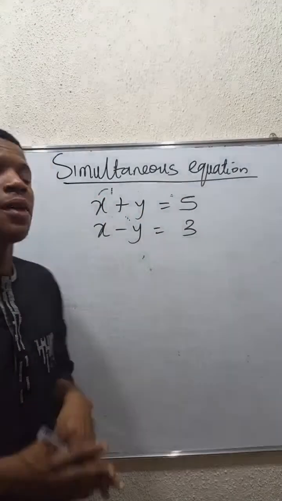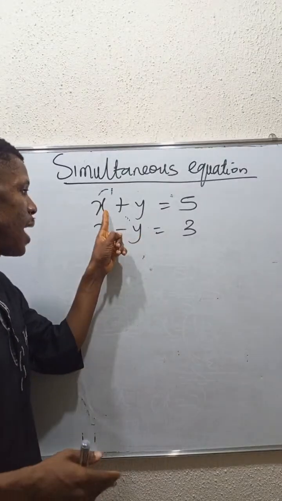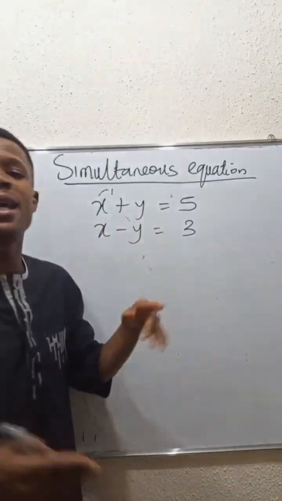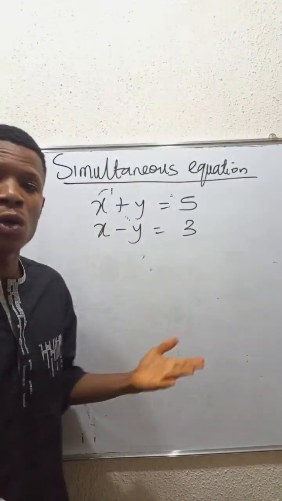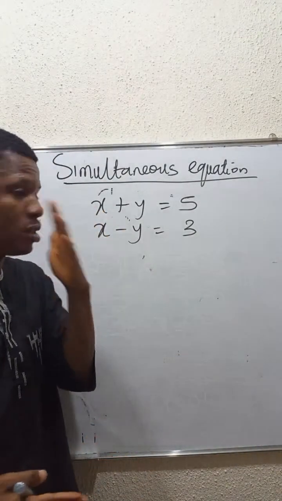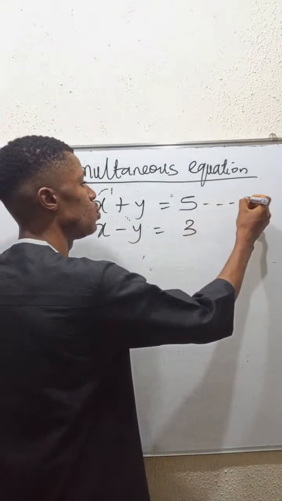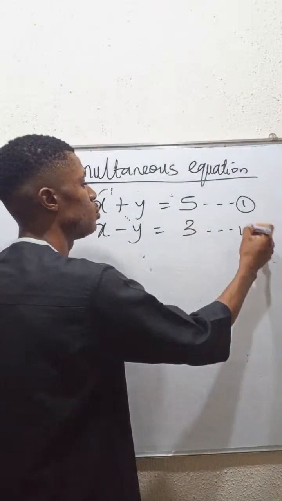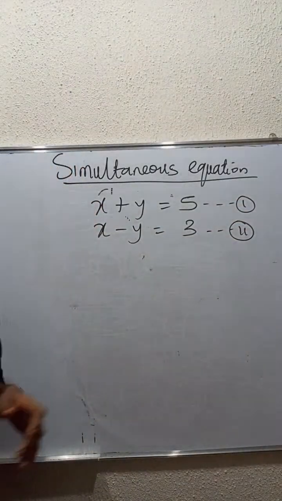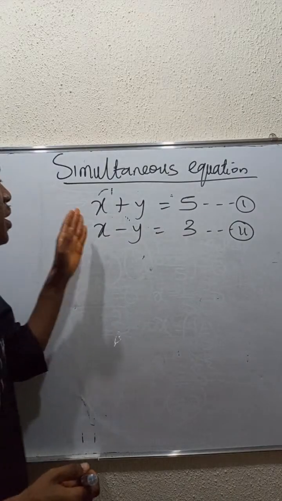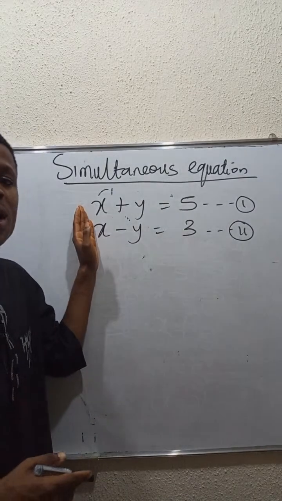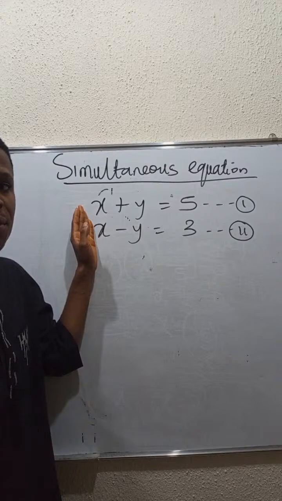We are trying to find two unknowns, x and y, at the same time, and we also have two equations. This is called equation 1, and this is called equation 2. To solve this by elimination, we first consider the coefficients of each of the variables.